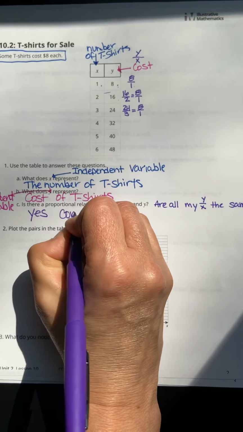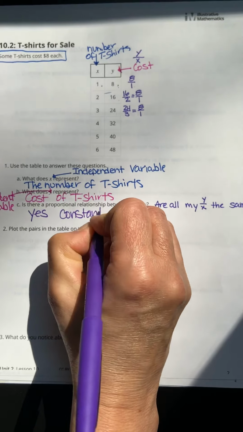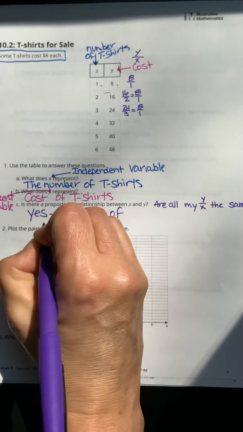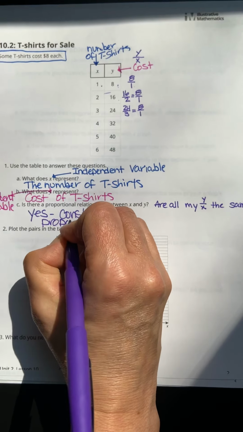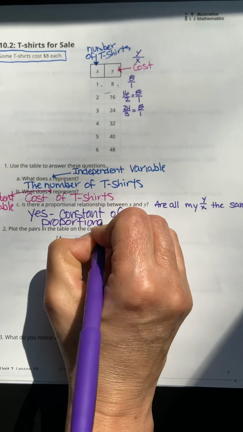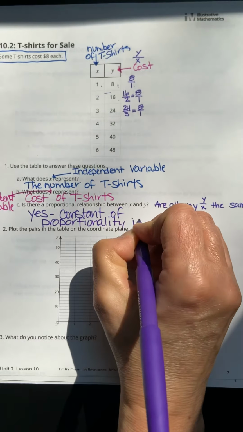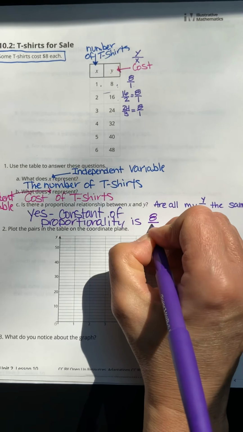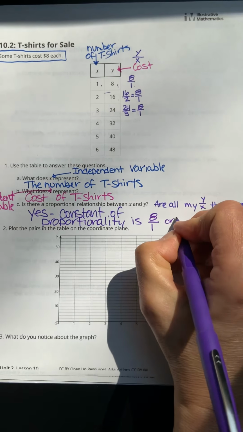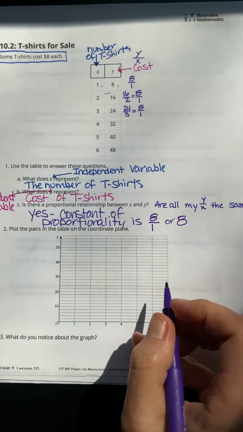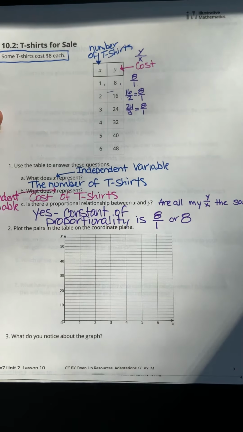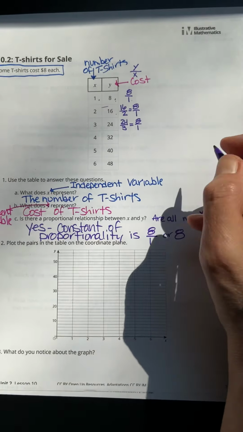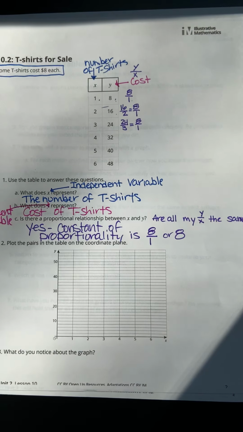So absolutely, yes, it's proportional. My constant of proportionality is 8 over 1 or just 8. I don't need the over 1. Remember your equation. If I wanted to write an equation for this, your equation is always going to be Y equals KX, okay?